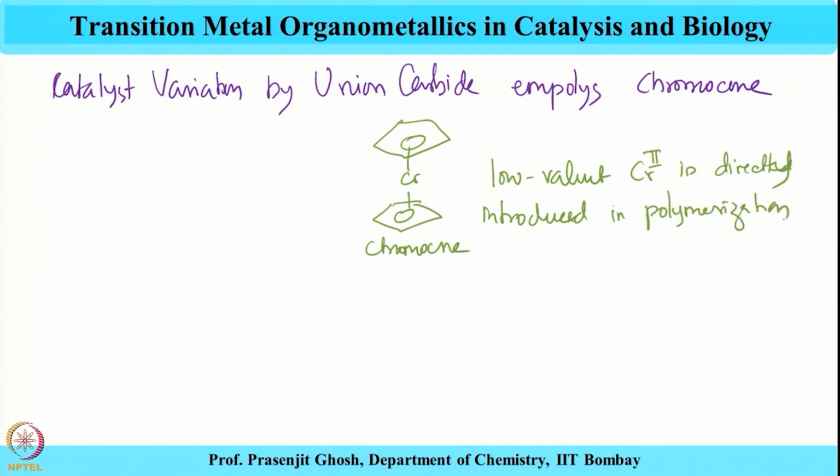So, this chromium 2, which was forming from chromium trioxide in the Phillips process, is replaced with chromocene, because that will allow chromium in the divalent state right in the beginning, and the Phillips process. So, that sort of cuts down the reduction of chromium 6 to chromium 4. So, the Phillips process is thus shown over here.